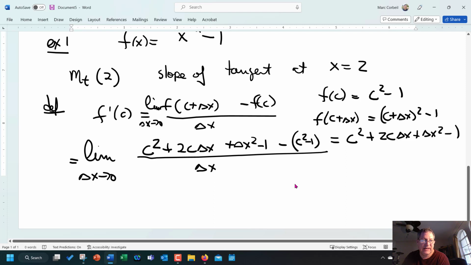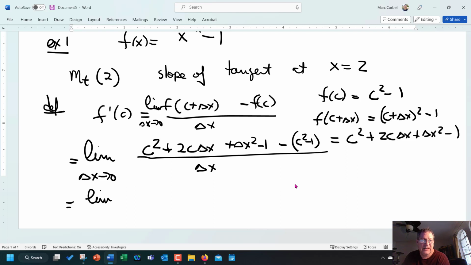And we'll take a look at that. That's going to be equal to the limit as delta x goes to 0. And we'll see what works out. We have a c squared here and a c squared here. They cancel. We have 2c delta x plus delta x squared. The 1 minus minus 1 cancels as well.